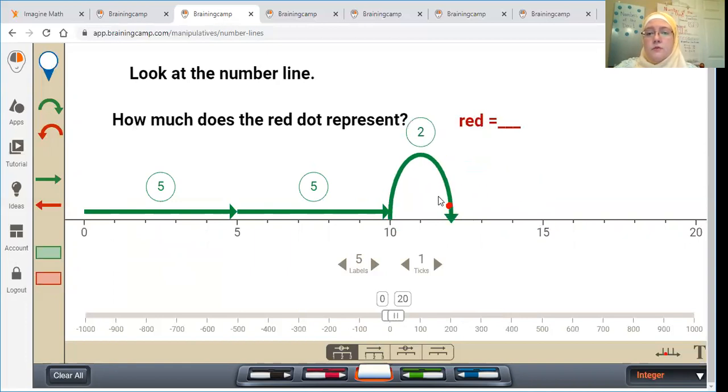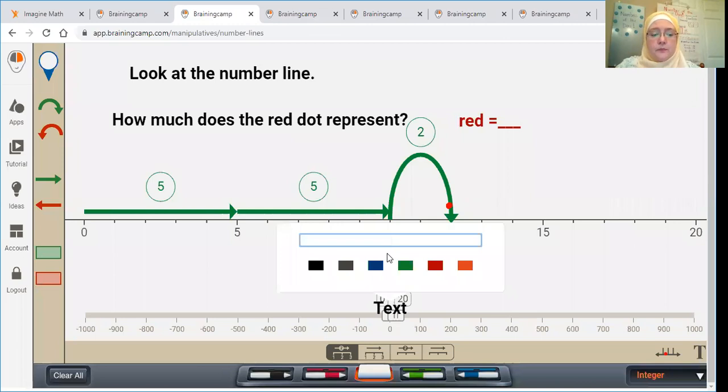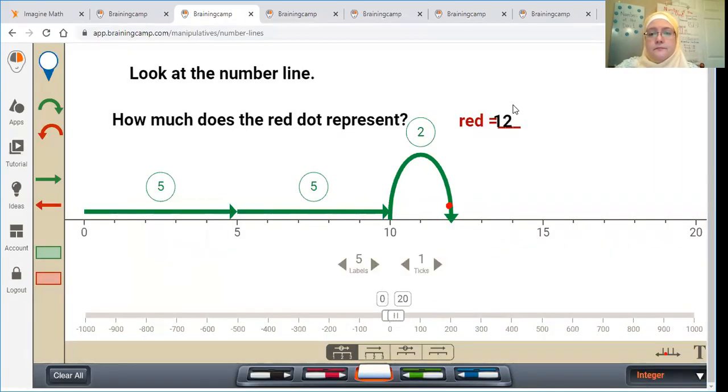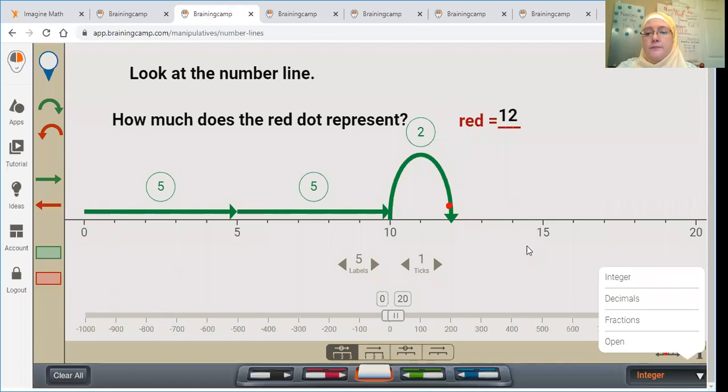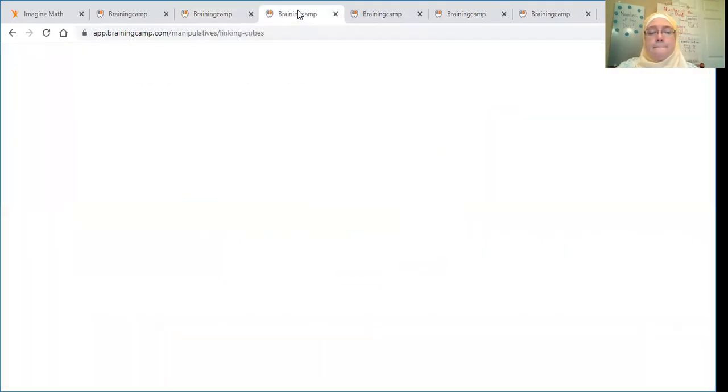Let me make my 2. There we go. 1, 2. So 5, 10, 11, 12. And I'll know that my number right there is 12. Let's go ahead and put that in there. 12. So the red dot represents the number 12.